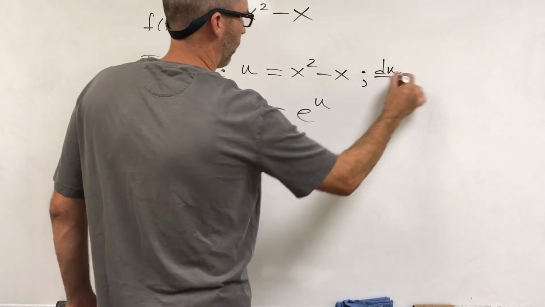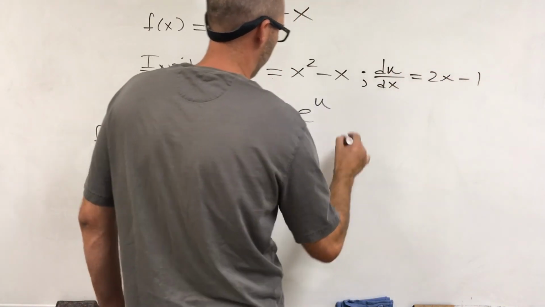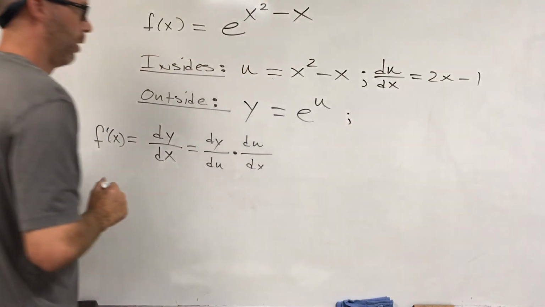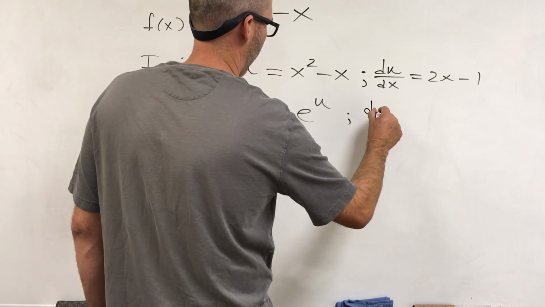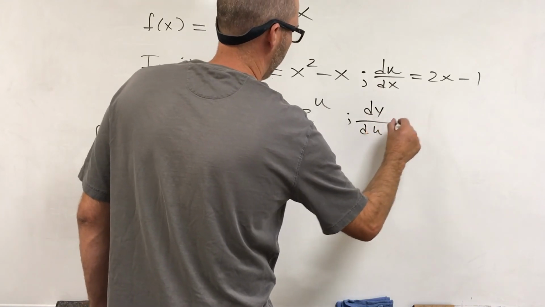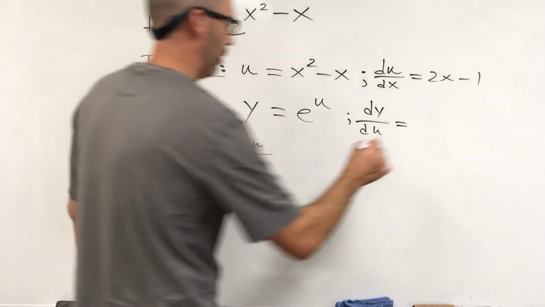Derivative of u with respect to x is 2x minus 1. Derivative of y with respect to u is e to the u.